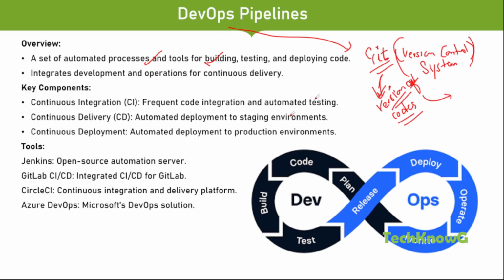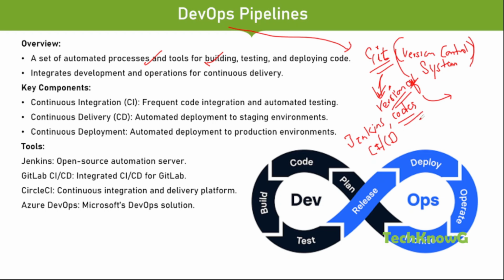Then we have other tools like Jenkins. Jenkins is an automation server. Actually, it's a CI/CD tool, a continuous integration and continuous deployment tool. You can integrate any tool into the Jenkins pipeline, like security testing tools, or Selenium automation tools.